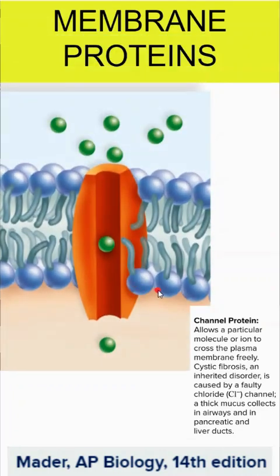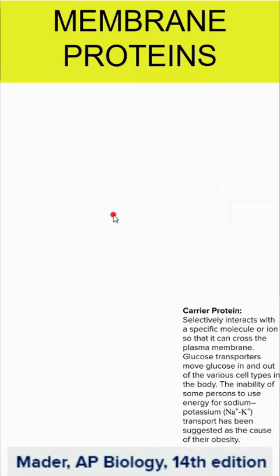We also have channel proteins. We're going to think about this with passive transport and facilitated diffusion, where things are moving from high concentration towards low concentration. Again, it'll be a particular molecule associated with each protein. However, they're going to flow freely and fast straight through the channel.